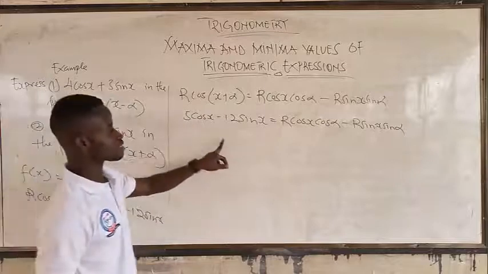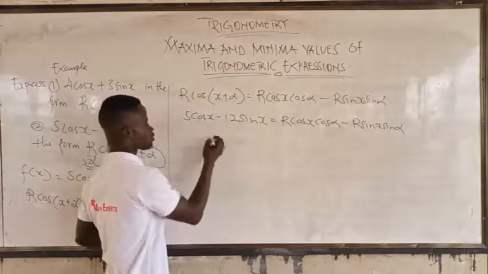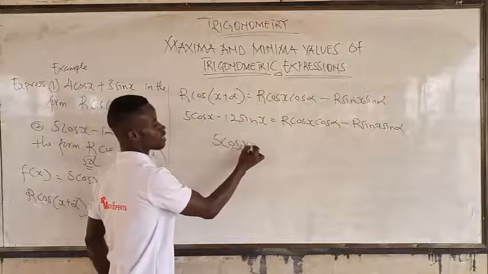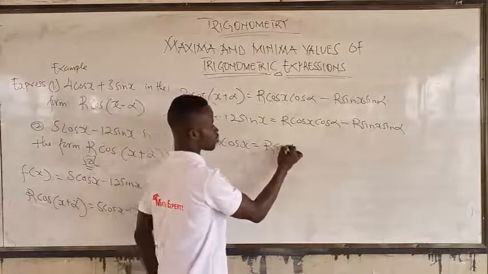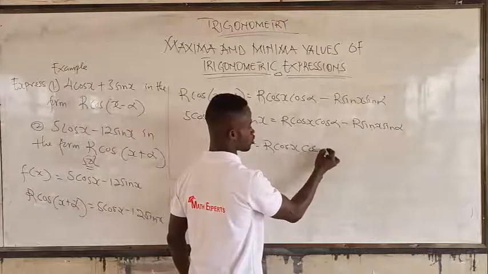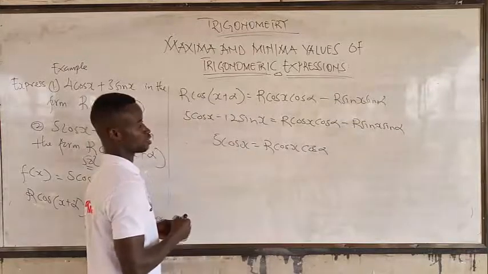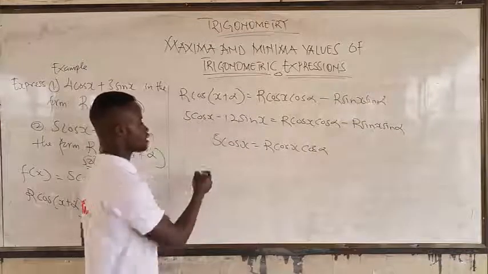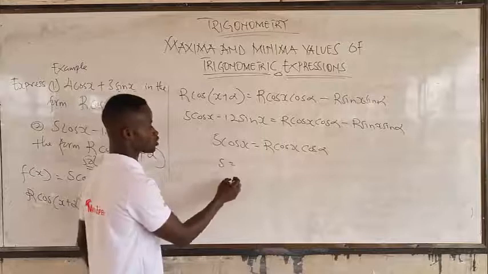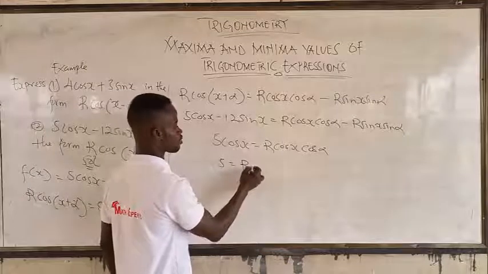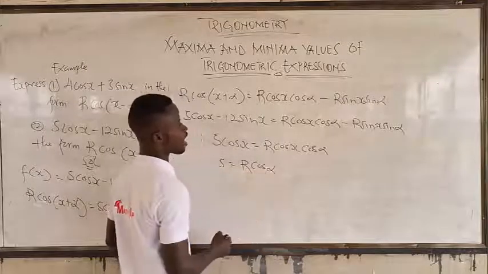Now cos x is inside here. So you can equate 5 cos x to be equal to r cos x cos alpha. And here you can see that 5 will be equal to r cos alpha.